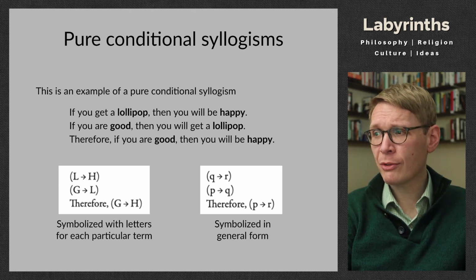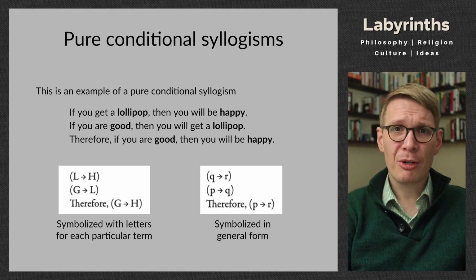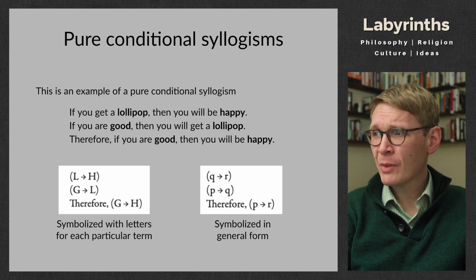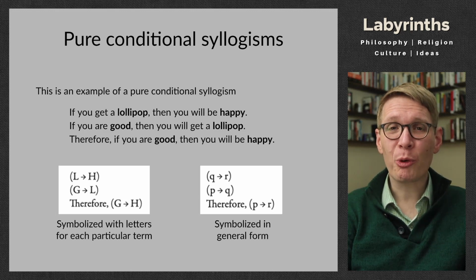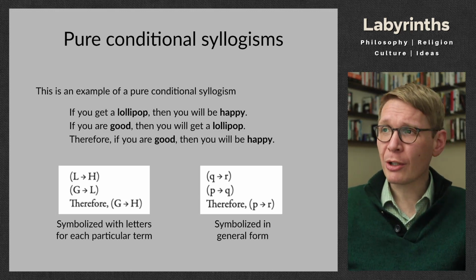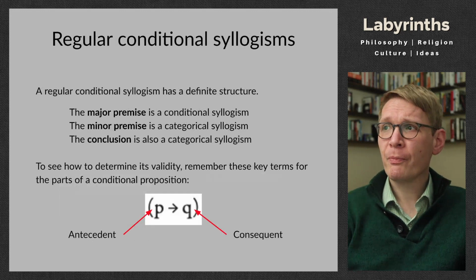You can also symbolize these in general form. So if Q, then R; if P, then Q; therefore if P, then R. P, Q, R, S are the letters most often used for symbolizing logical propositions.